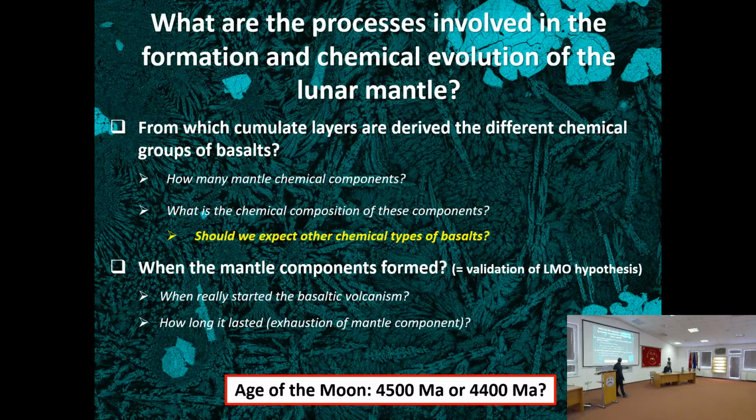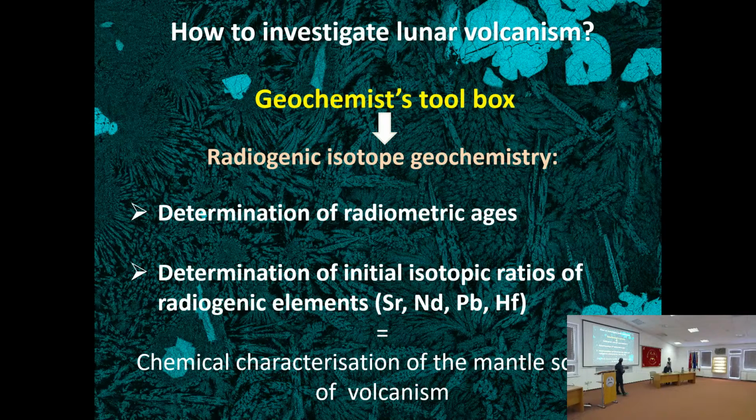Shall we expect exhaustion of mantle components? But then, altogether, it comes to the big question. What is the age of the moon? Unfortunately, today, I'm not going to answer this question. But I can at least give you some ideas about the chemistry of the mantle.